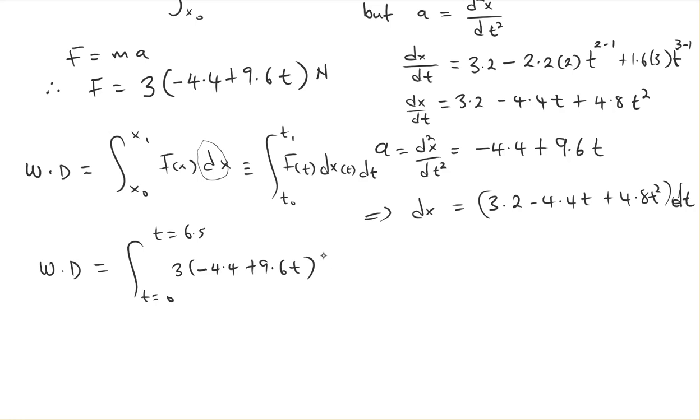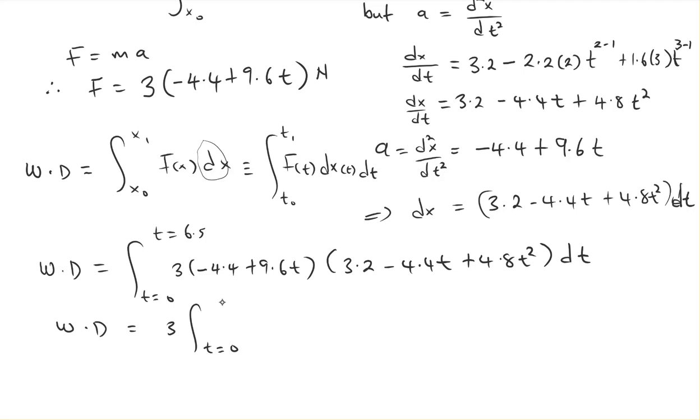So instead of dx here, we're going to have the equivalent of dx, which is 3.2 minus 4.4t plus 4.8t squared dt. And this is the expression we need to integrate to get the work done. An easy way to compute this integration is to use u substitution.